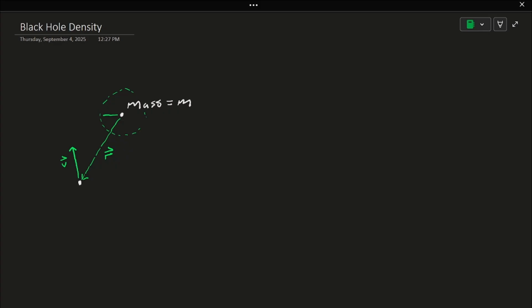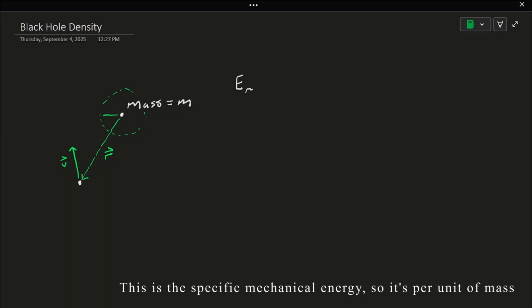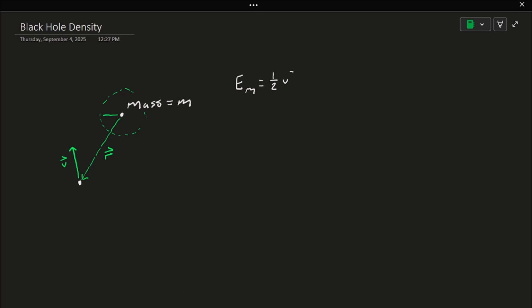Now, the mechanical energy of this point, so E_M equals 1/2 v squared minus mu divided by r, where mu equals our gravitational constant multiplied by m, the mass of that attracting body.